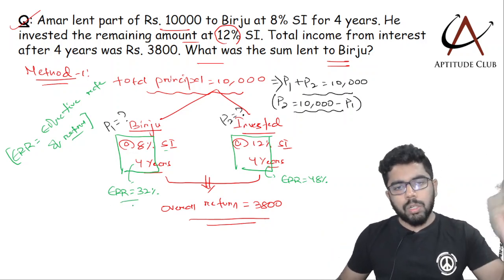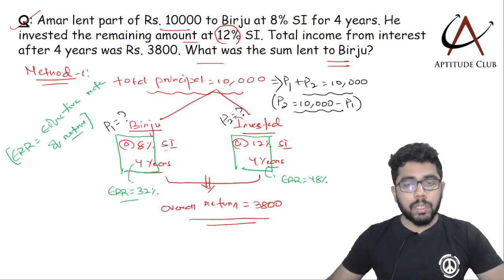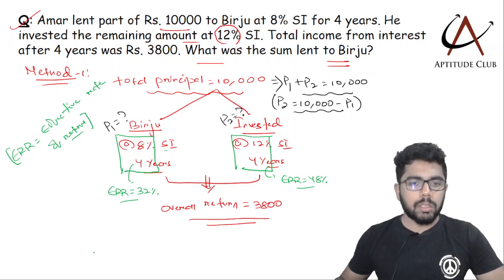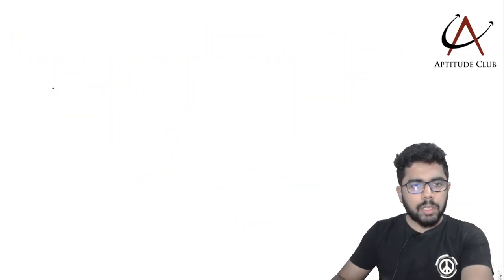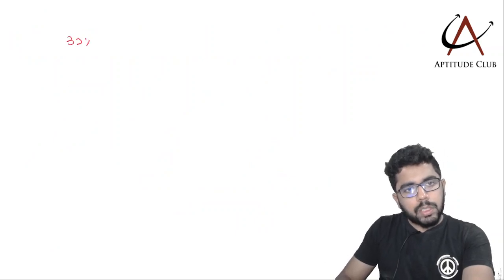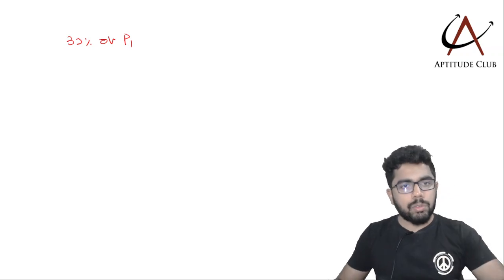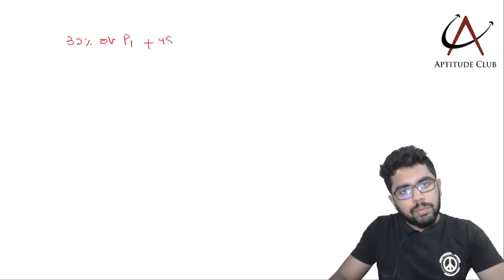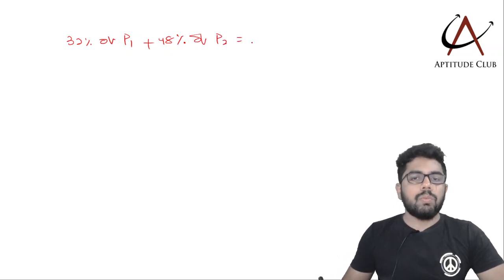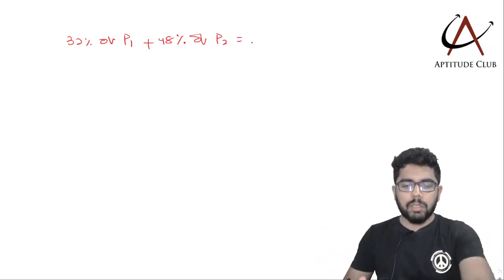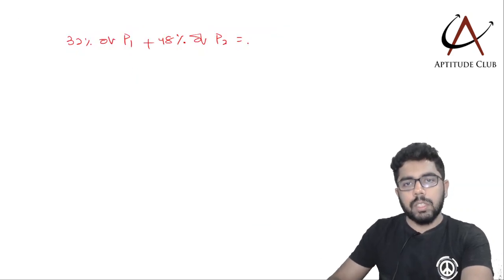So from Birju, Amar is getting a 32% return on the principal, and from the investment part, a 48% return. So I can frame a very simple equation in this way. That is, 32% of P1 is what he is receiving from Birju, and 48% of P2 is what he is receiving from the investment part, and the total amount that he receives as interest is 3,800.